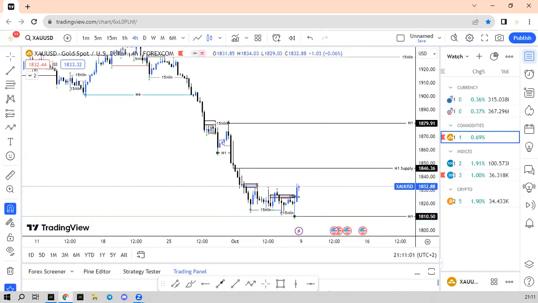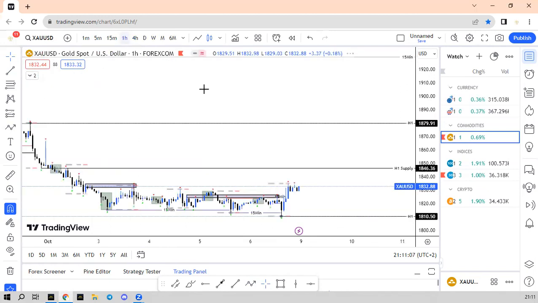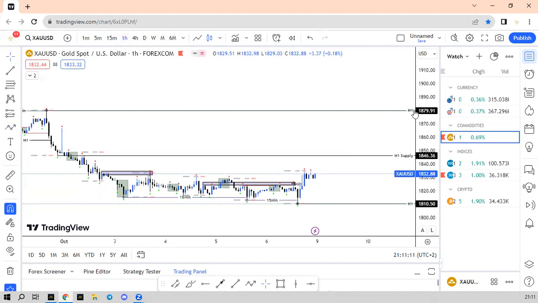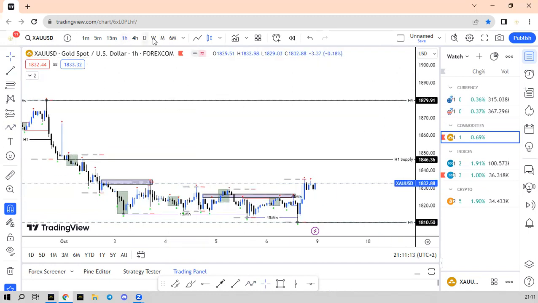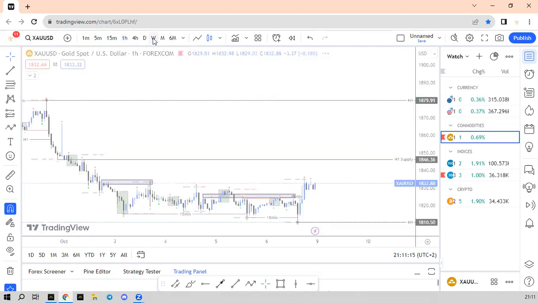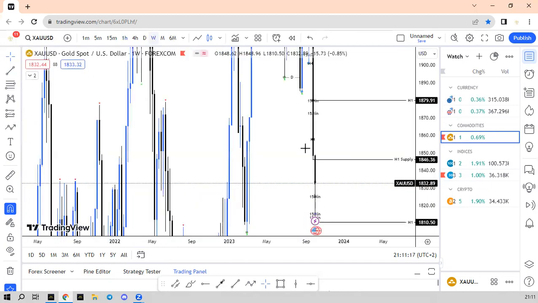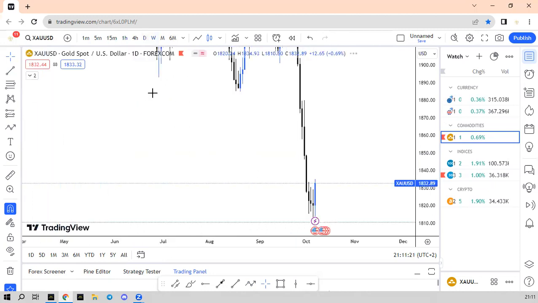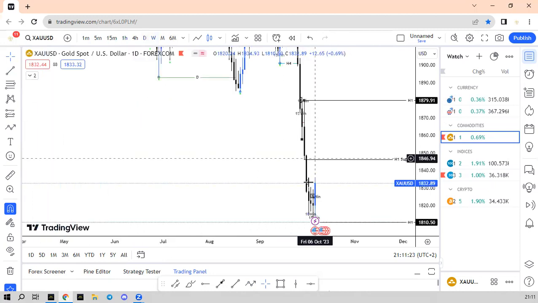Let's jump into 1 hour range. This is my current range. So what am I anticipating in this range? Okay, let's start on weekly. I just want to check something on higher time frame. Imbalance here. Still the imbalance here.